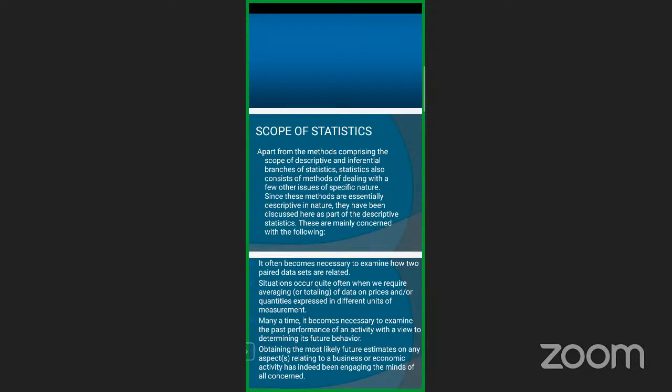That is what statistics means: collecting, presenting in a systematic manner, applying some quantitative techniques on that, and deciding whether to use it or not in the future, or whether to produce it or not. If we want to produce it, how many units we want to produce. All these things depend upon the data which we collected and the observation we did on the data.